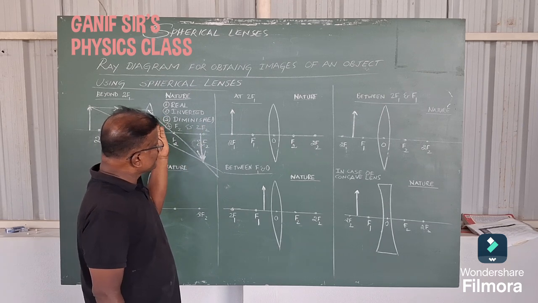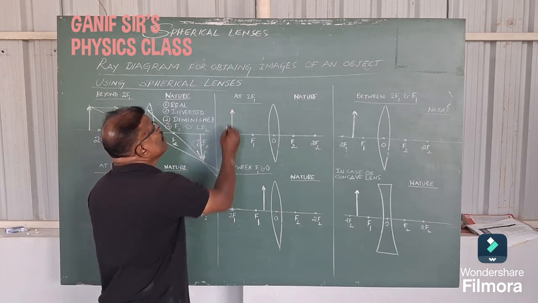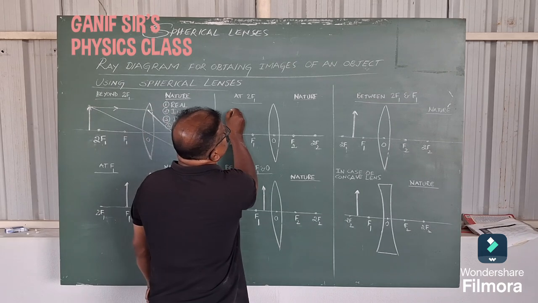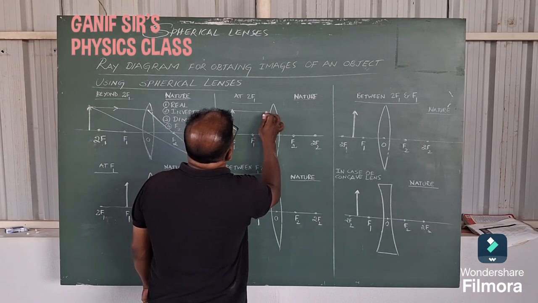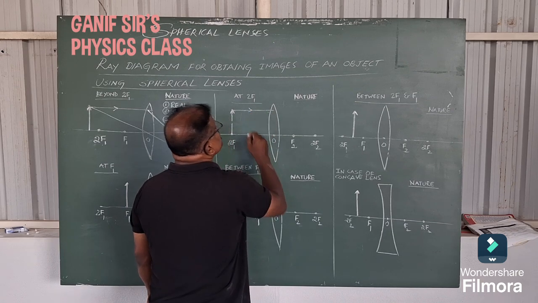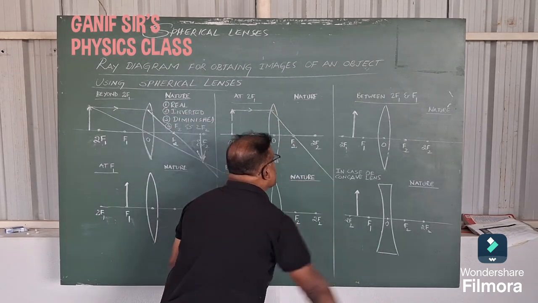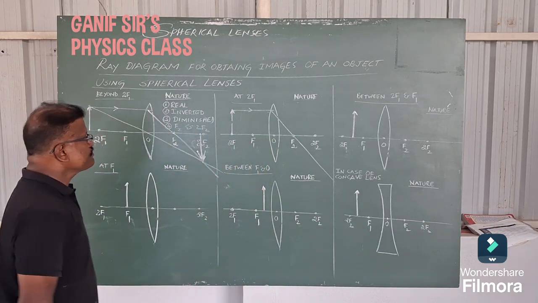Now let's do one thing. Now we keep the object exactly at 2F1. Now I am following the two rules. The first rule is when a ray is passed parallel to principal axis, after refraction it passes through F2, that you know.